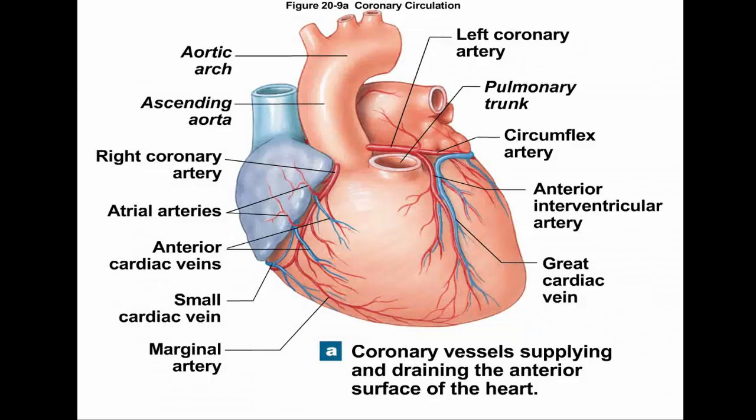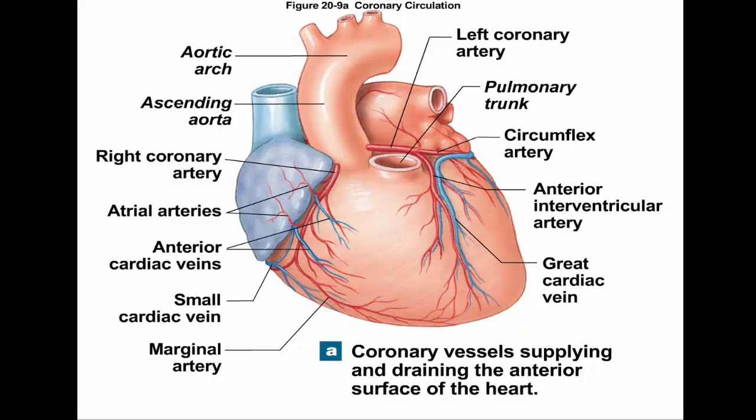So we've spoken that the heart is a muscle, and of course the muscle needs its own blood supply. So this picture is actually showing you the blood supply to the actual heart muscle. So the heart doesn't receive any nutrients from the blood that it's actually pumping around. It has to have its own blood supply.